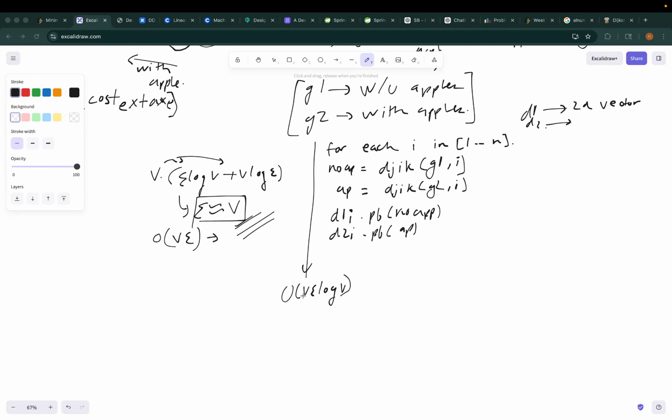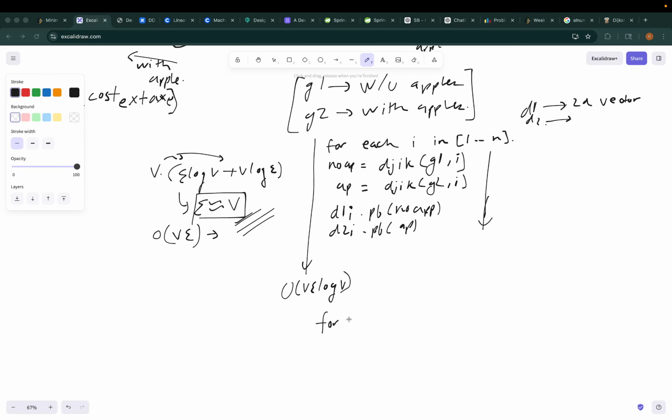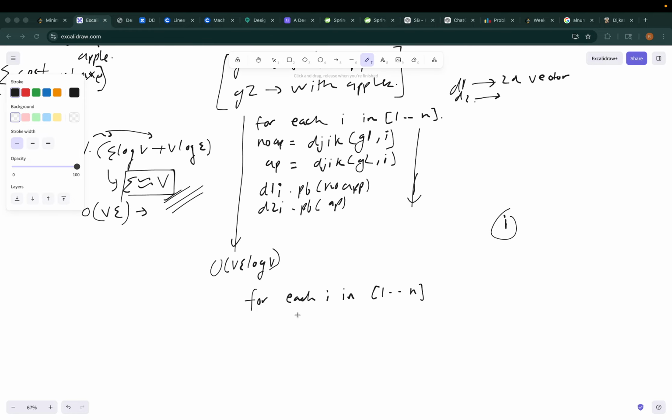Now, having calculated this, you again brute force. For each I in 1 to n, you pick a node I, and then for each j in 1 to n, you pick a node j.